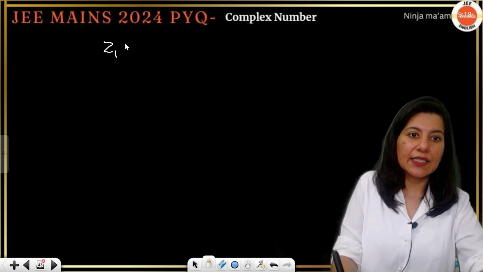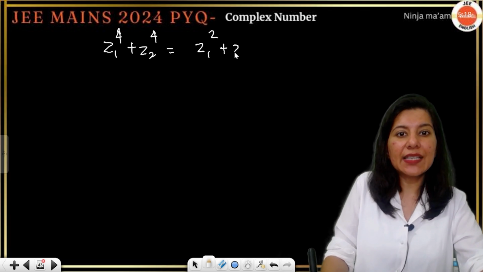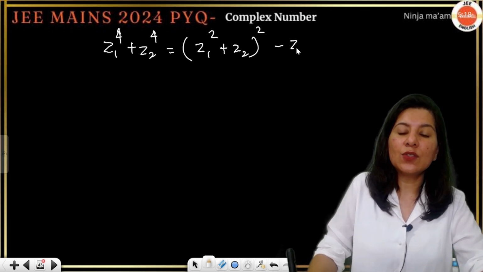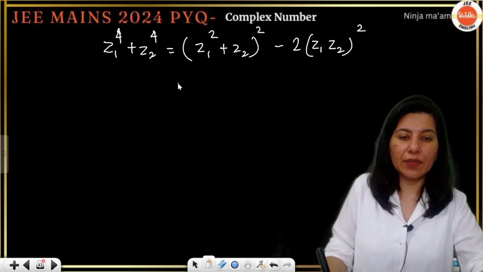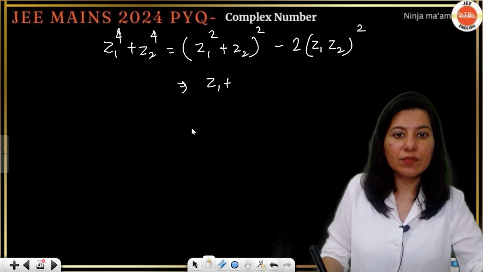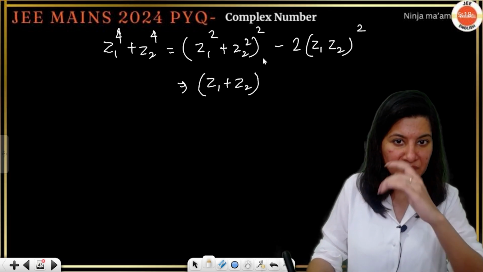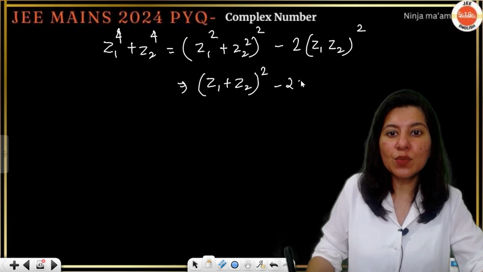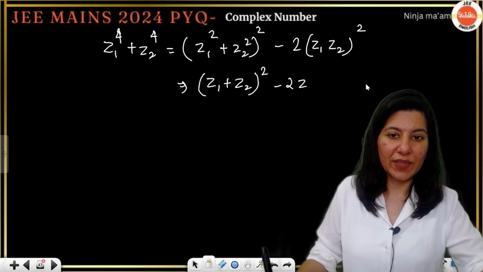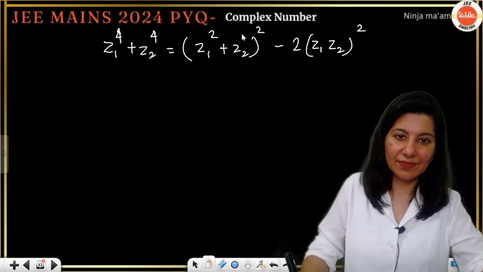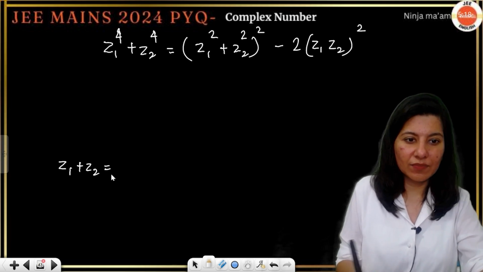Understand. Z1 power 4 plus Z2 power 4 is Z1 square plus Z2 square whole square minus 2 Z1 Z2 whole square. Okay, let's do one thing. Let's keep it simple. You have Z1 plus Z2, correct? 5.